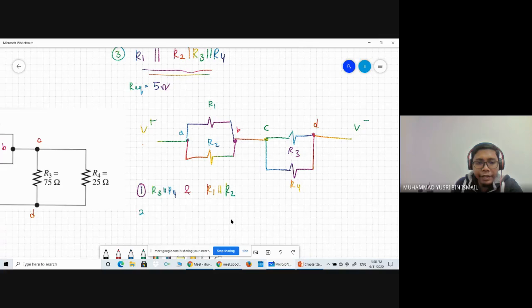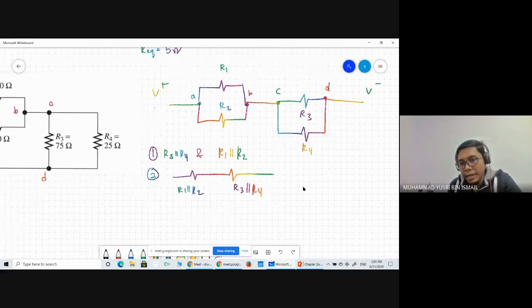And then finally you have a series circuit consisting of two elements, which is R1 parallel with R2, and then R3 parallel with R4. So this is a series circuit. So you just sum R1 parallel R2 plus R3 parallel R4.